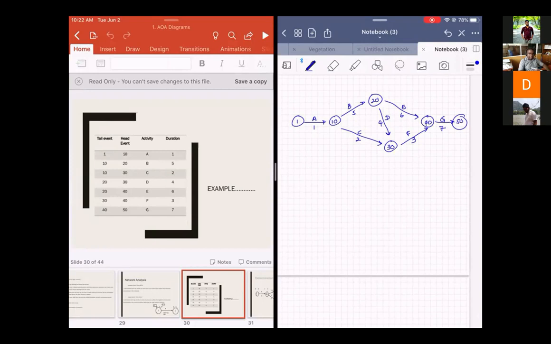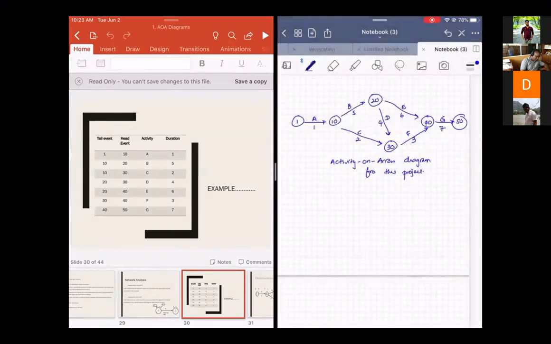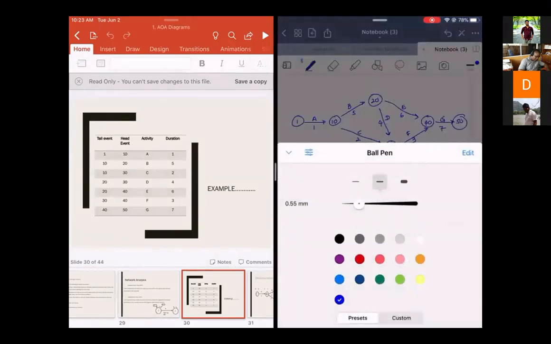So this is what we call the network activity on arrow diagram for this project. It is in example 1.